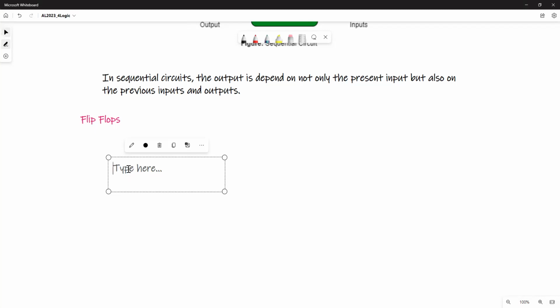Under flip-flops, let's take down: a flip-flop can store one bit of information. So a flip-flop is a circuit that we can use to store one bit of information.